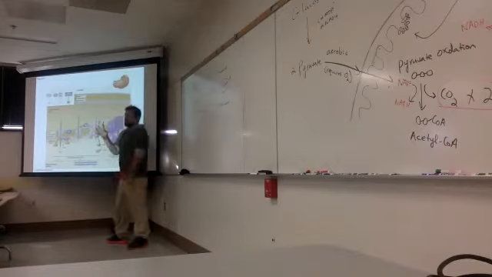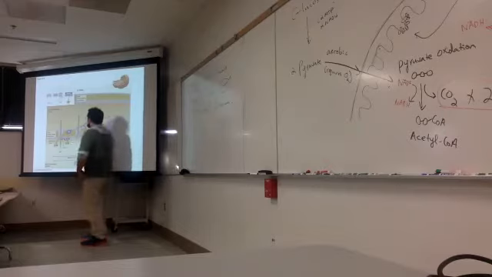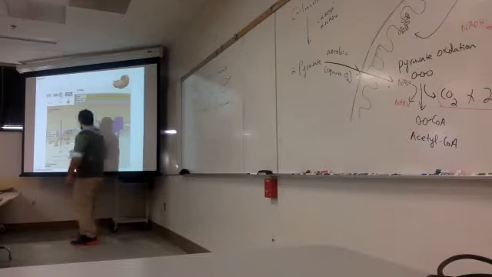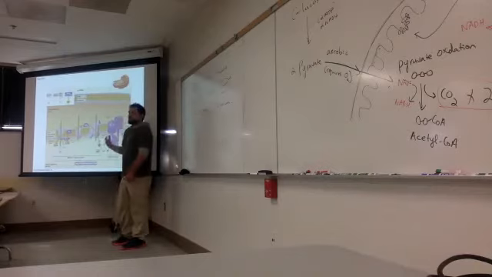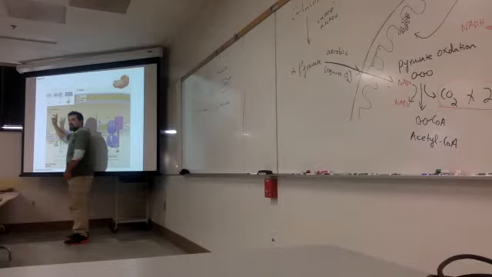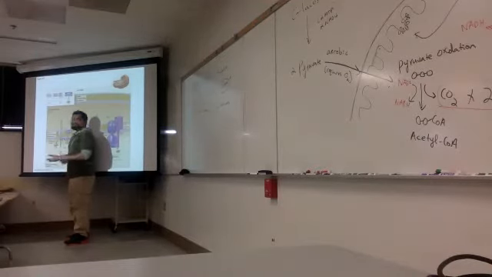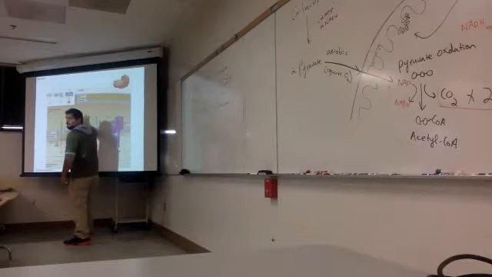You've got 4 complexes in the membrane, except complex 2 is kind of on the inner side. What complexes 1, 3, and 4 do is function as proton pumps. You remember the pumps and the channels? These are pumps. They're pumping hydrogen ions into the inner membrane space.